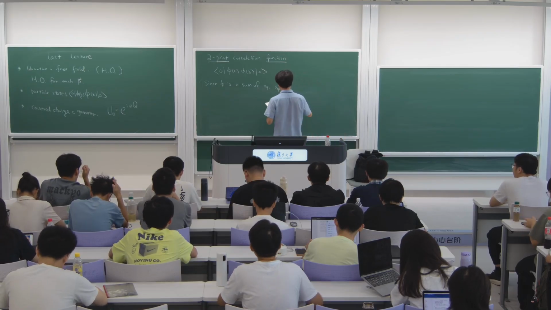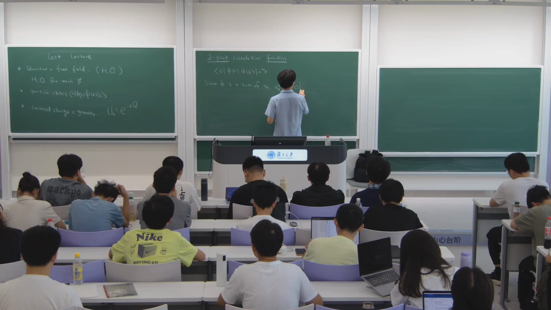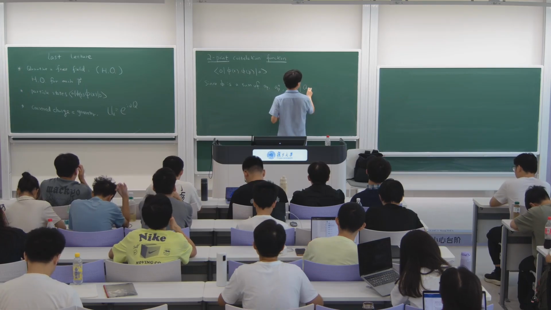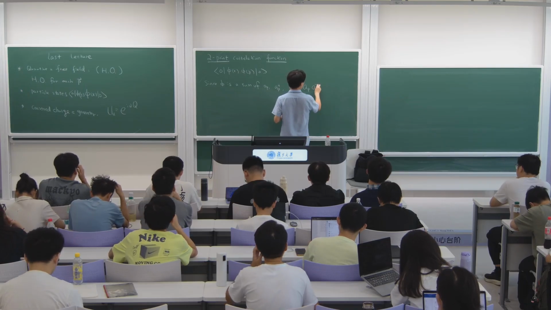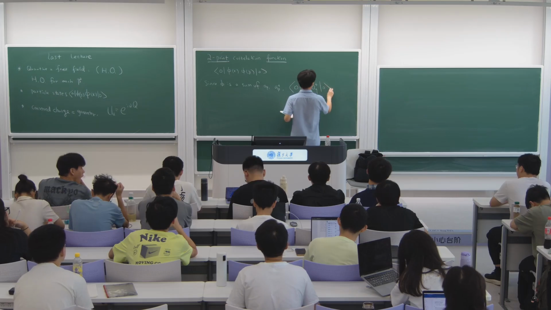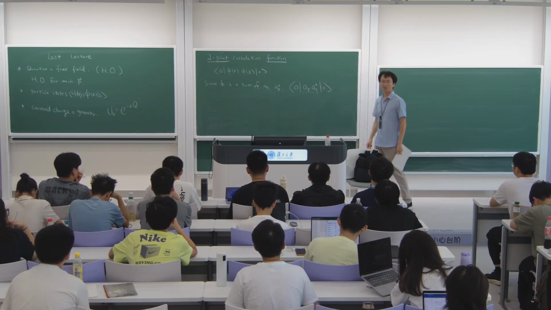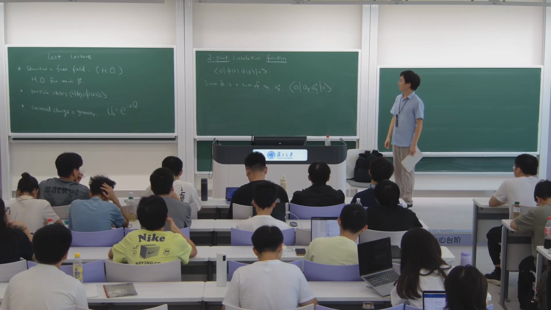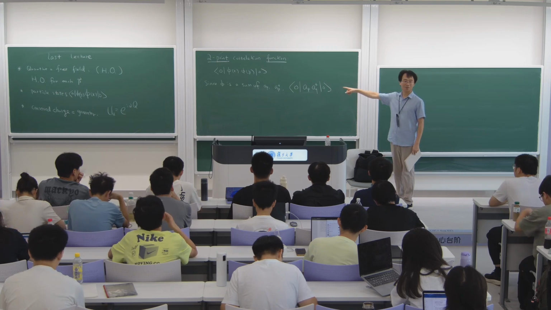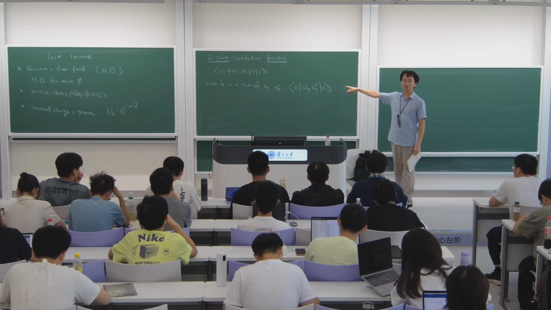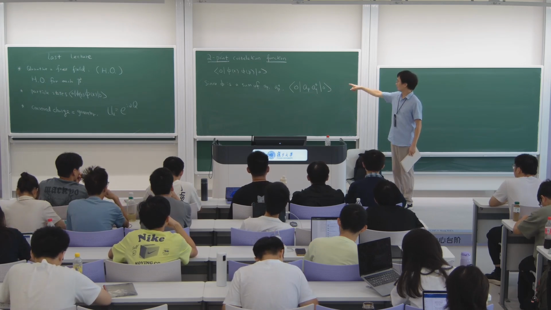Which kind of terms? Terms that look like a_p a_q dagger. You can check. Then you use the commutator of a and a dagger to compute this one, and you will get some number.